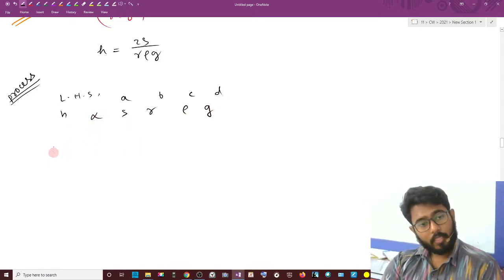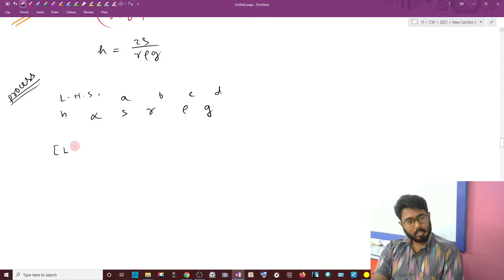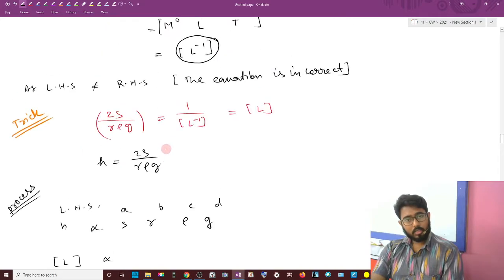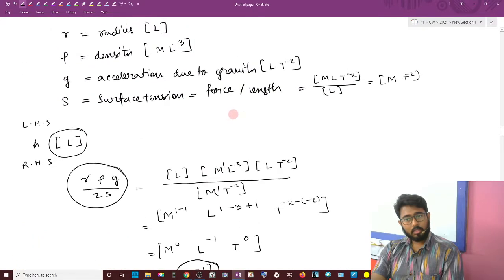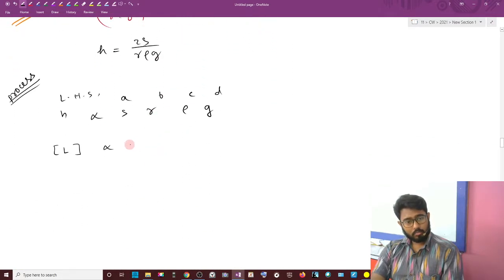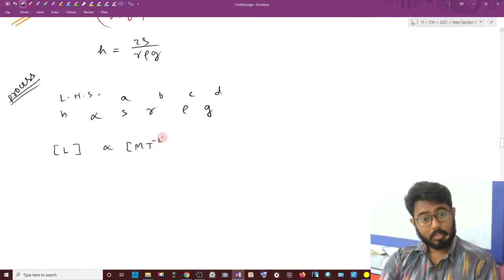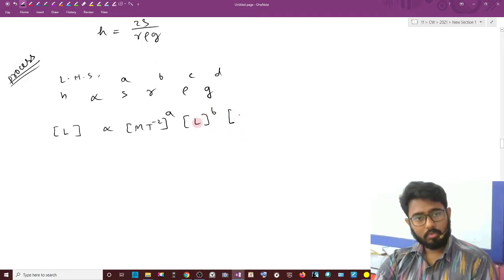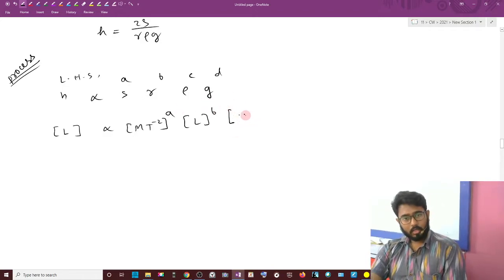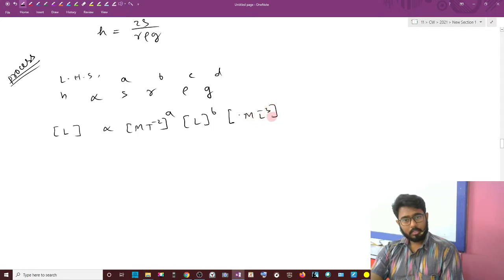So H, we will write it as L, will be proportional to S to the power A, that is m t to the power minus 2 to the power a, L to the power b, rho to the power c, that is m L to the power minus 3 to the power c and L t to the power minus 2 to the power d.